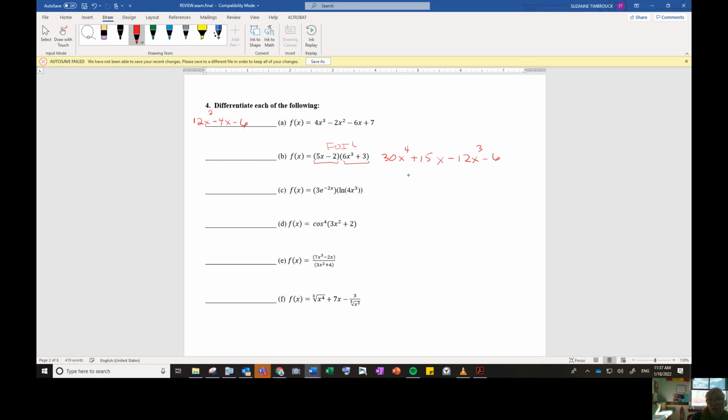And now you can just use those rules again. So the 30 times the 4, you're going to end up with 120x cubed plus 15 minus 36x squared plus 0. And technically, we should write this in descending powers. But it's not wrong if you don't.